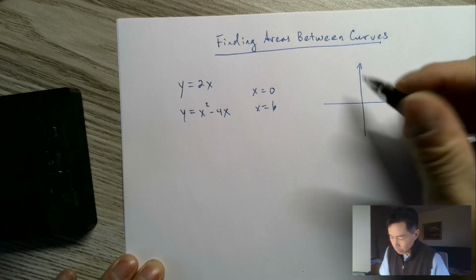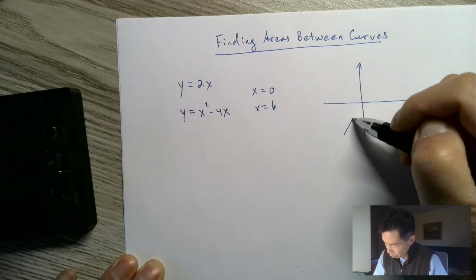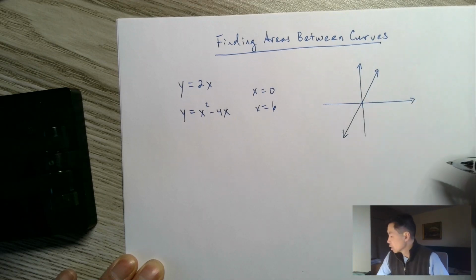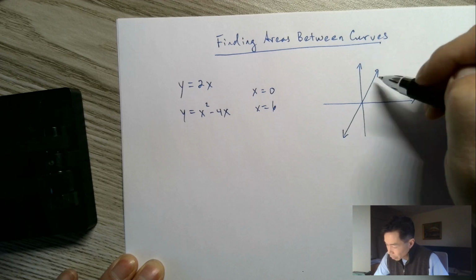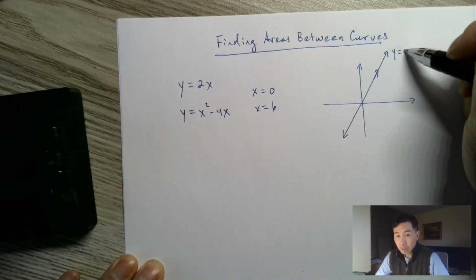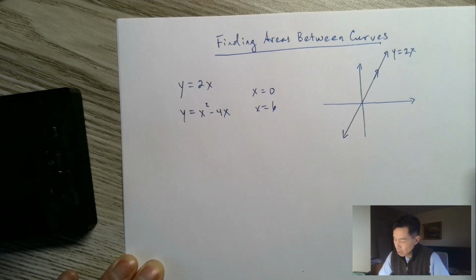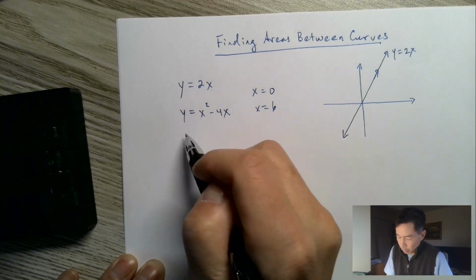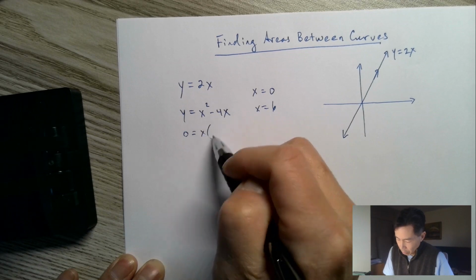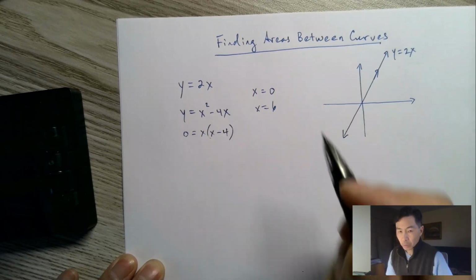So y equals 2x, that's just a straight line that goes through the origin with a slope of 2. And let's make that a little longer. So that's y equals 2x. And the other function is a parabola with, well, let's verify this. So this parabola will have 2 x-intercepts.